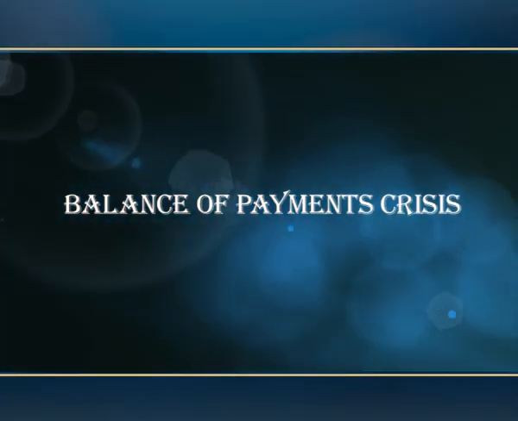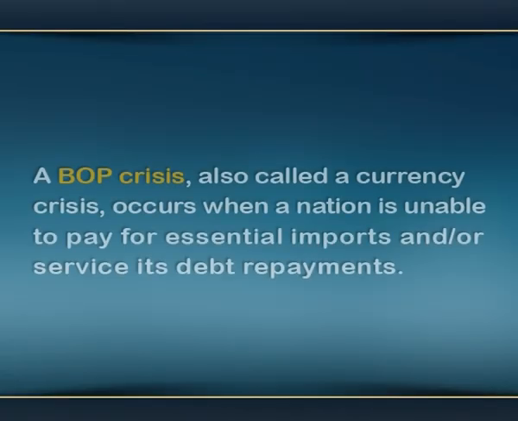Balance of payments crisis. A balance of payments crisis, also called a currency crisis, occurs when a nation is unable to pay for essential imports and/or service its debt repayments. Typically, this is accompanied by a rapid decline in the value of the affected nation's currency.